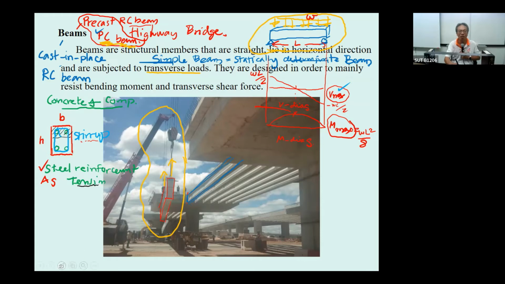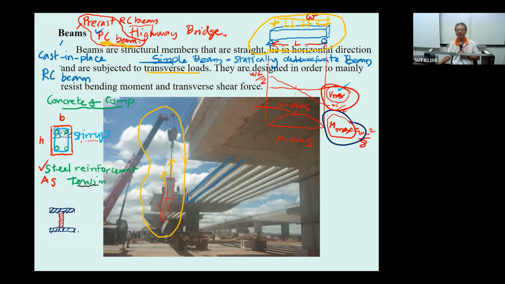We also sometimes have the steel section. Okay, most of the steel sections may have the I section or W section like this. Okay, for this one, most of the time the top flange and the bottom flange are used to take care of the moment, and we use the web of the steel to take care of the shear.